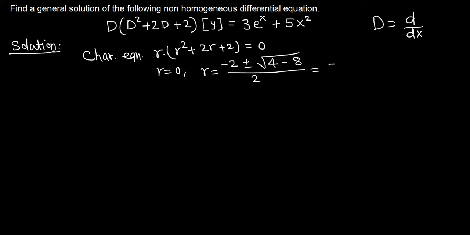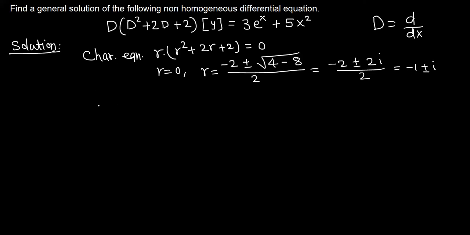That is negative 2 plus or minus the square root of 4 minus 8, negative 4. The square root of negative 4 is 2i, over 2. Separate into two fractions: negative 2 over 2 is negative 1, plus or minus 2i over 2, just i. Okay, so we have r equals 0, r equals negative 1 plus i, and negative 1 minus i, three roots.